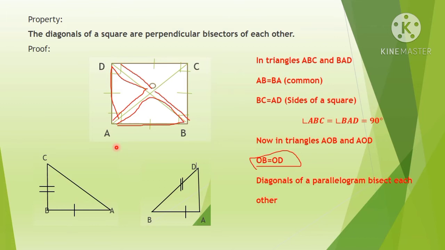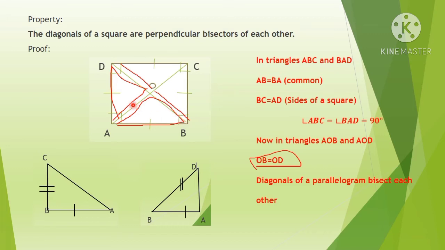What are the triangles we are going to take here? One triangle is A, B, C. Another one is B, A, D. Like this, one triangle is B, A, D, and another one is A, B, C.